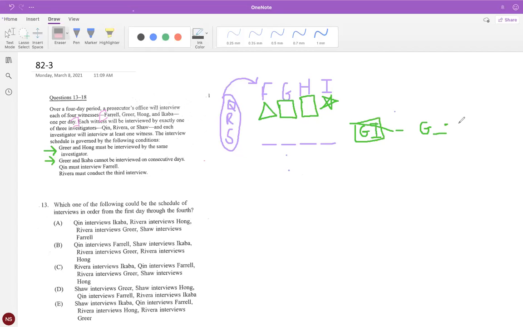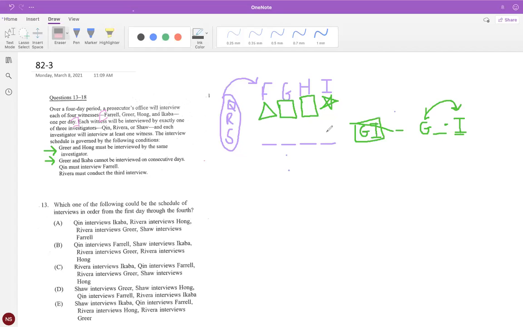I'm going to put a dash here between those two. Some people like to see the positive version: what does this mean if they can't be next to each other? What does that look like? So we could have G and then just one and then I, or we could have G and two and then I, with obviously them going back and forth.